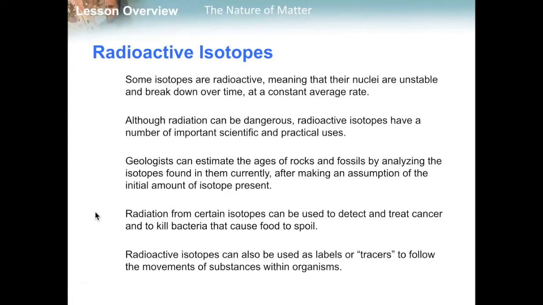Radiation from certain isotopes can be used to detect and treat cancer and to kill bacteria that cause food to spoil. Radioactive isotopes can also be used as labels or tracers to follow the movement of substances within organisms.